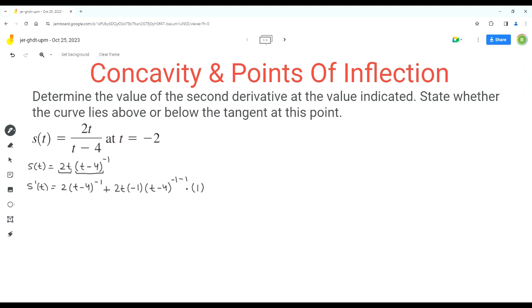So now we can simplify this expression. The first part stays the same. Now in the second part, 2t times -1 is -2t, and multiplication by 1 at the end won't change -2t.